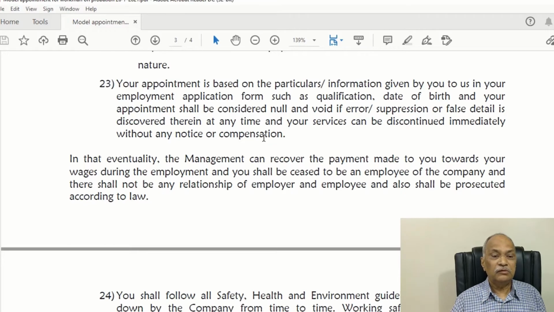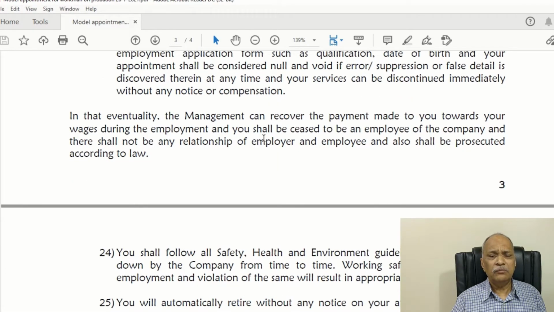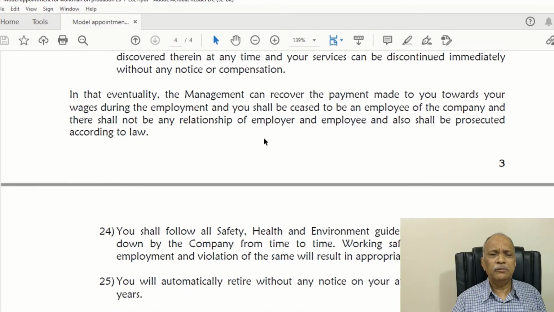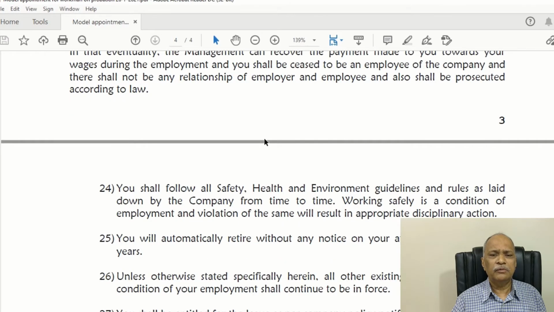So your services can be discontinued immediately without any notice or compensation during such occasions. At the same time, management can also recover the payment made to you towards wages during the employment and likely to prosecute appropriately in appropriate judiciaries.